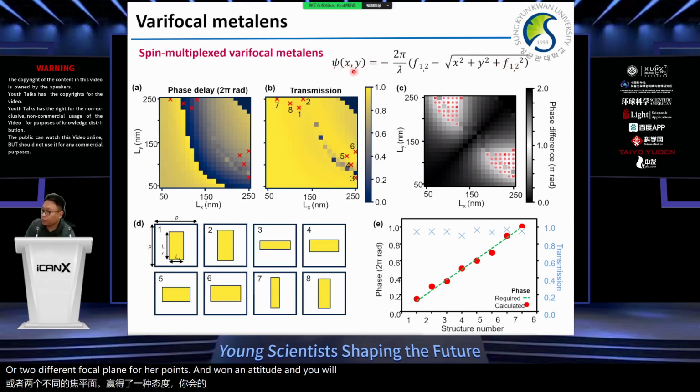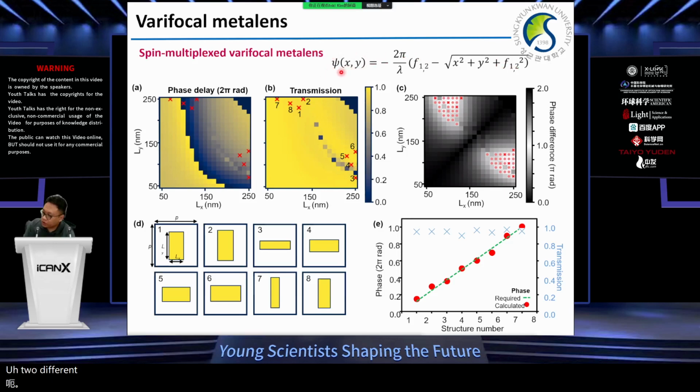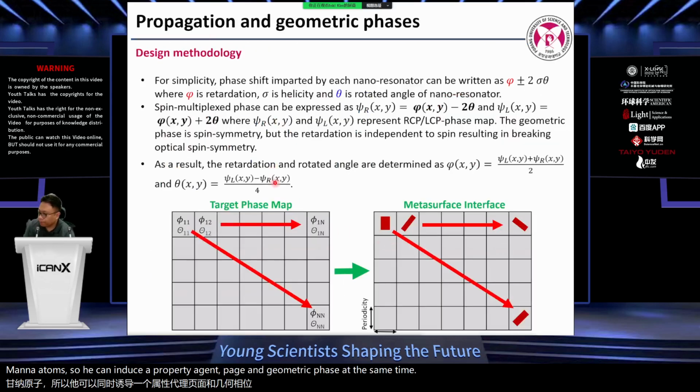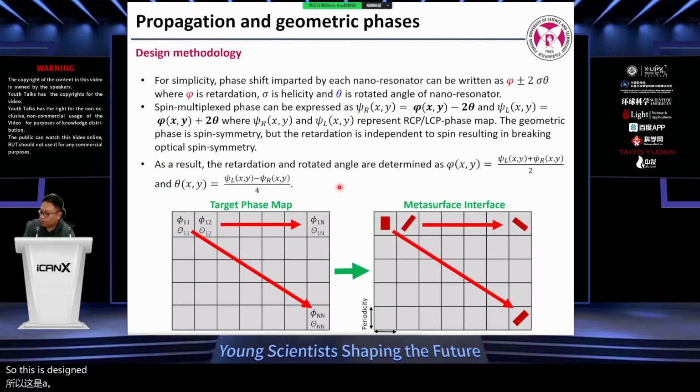Then you will need two different phase maps. To realize that, here we implement 8 different sized meta atoms, so it can induce propagation phase and geometric phase at the same time. So this is the design methodology.